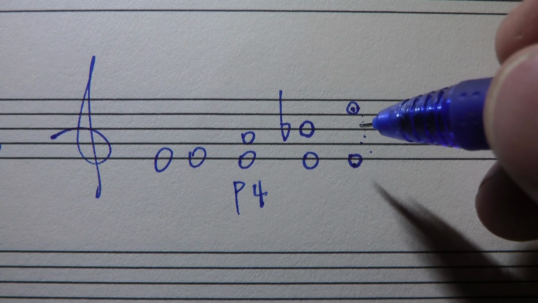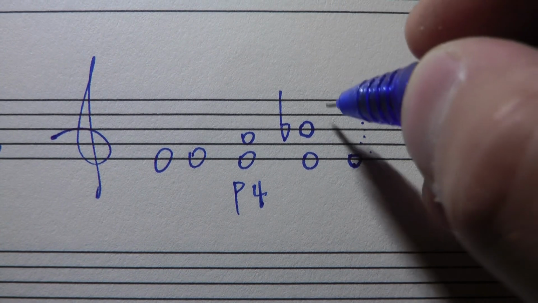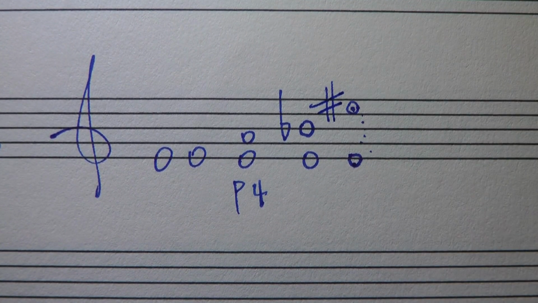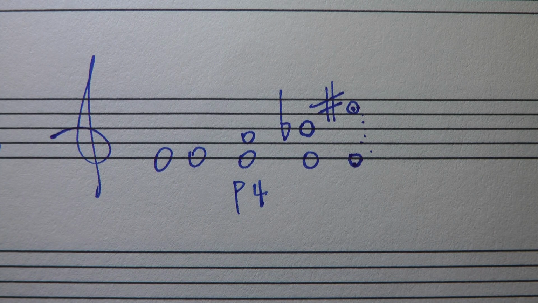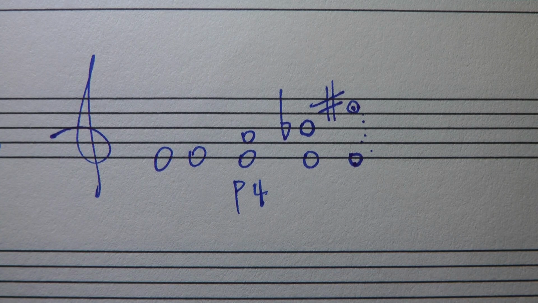If you augment a perfect interval, like if I were to put a sharp here on this E, then the interval becomes augmented. So perfect intervals, if they are opened by a half step, become augmented. If they are compressed by a half step, become diminished.